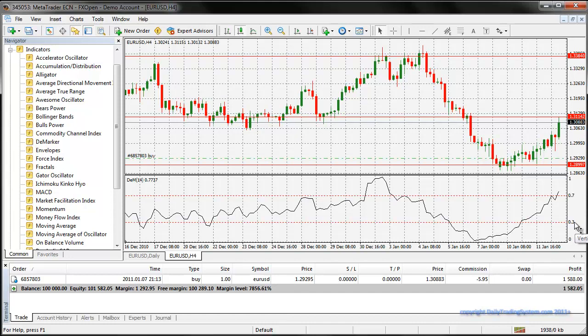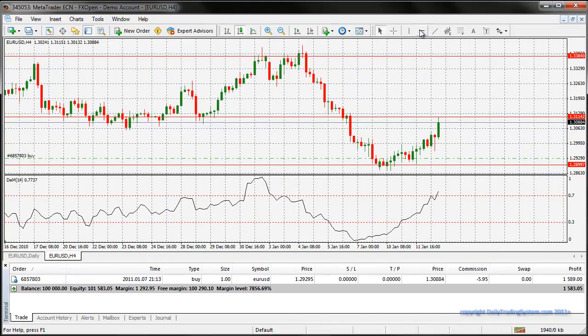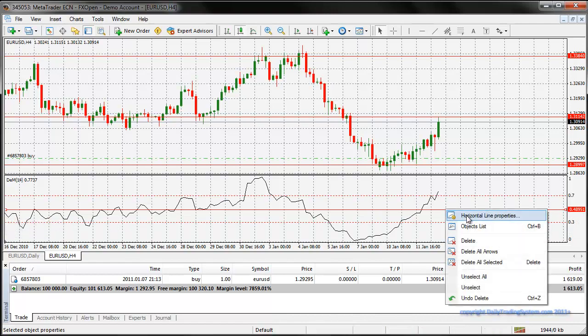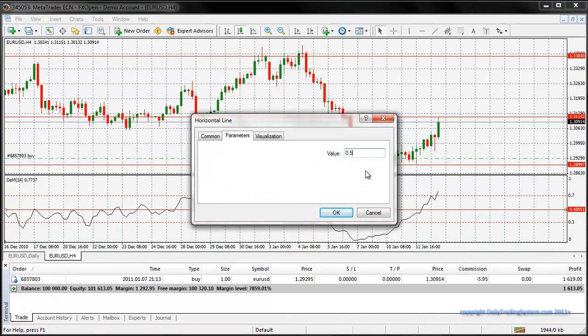Now this doesn't always ring true all the time, especially when you use smaller time frames. So the best bet is to again think outside the box and filter out any possible losses. So what I'm going to do is get the horizontal line tool out, and I'm going to place this horizontal line tool bang dead center of these two red dotted dashed lines, and I'm going to double click on it so I can bring up these little editing squares, and then I'm going to right click on it and choose horizontal line properties, and I'm going to type 0.5 in there.